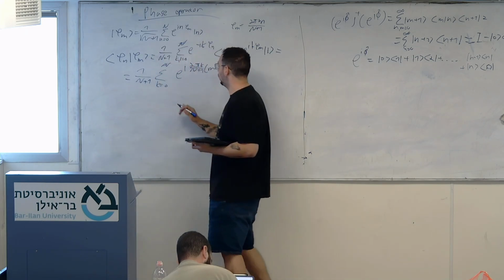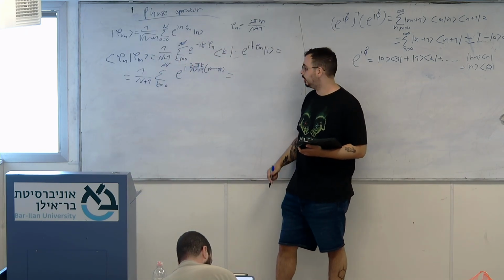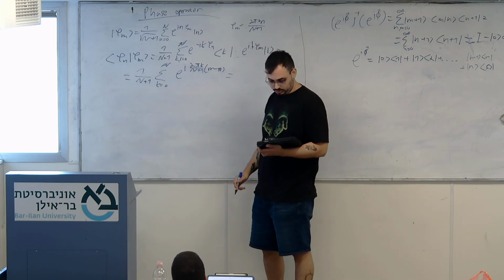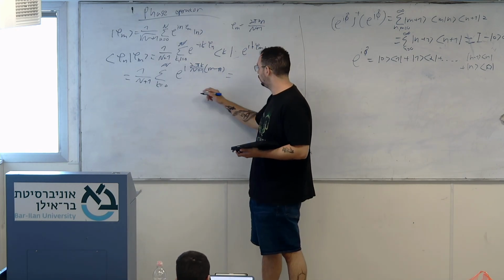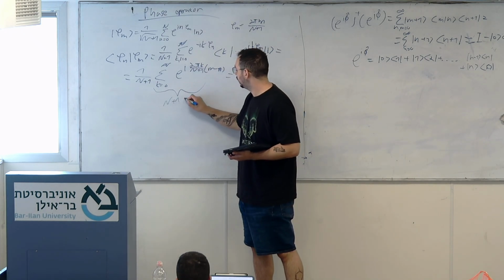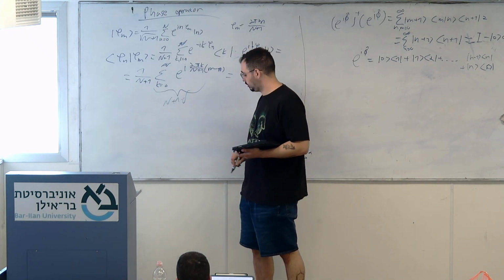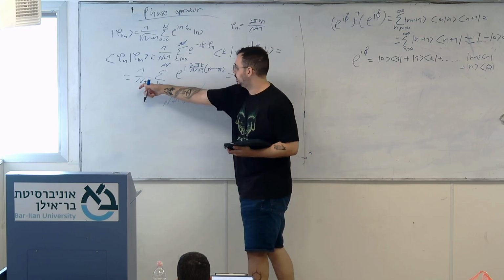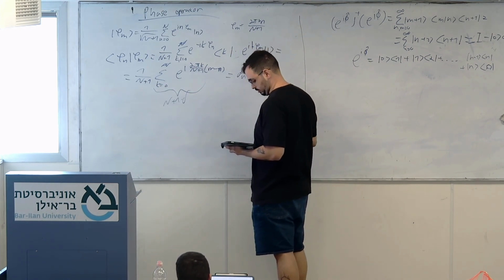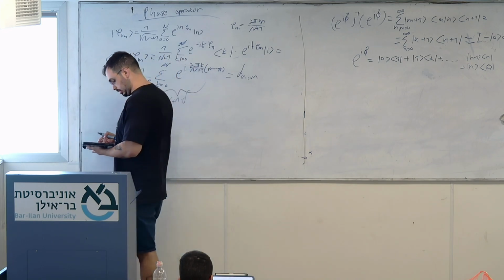Right? Now this sum is a sum of arbitrary, large sum of arbitrary phases, which we know to be equal to n plus 1 times the delta function. So overall, this n plus 1 with this n plus 1, we get delta n m. So it is orthonormal.